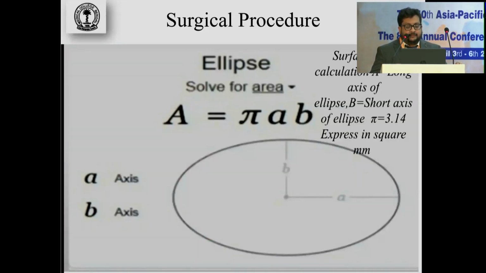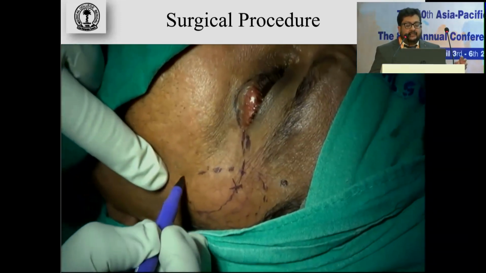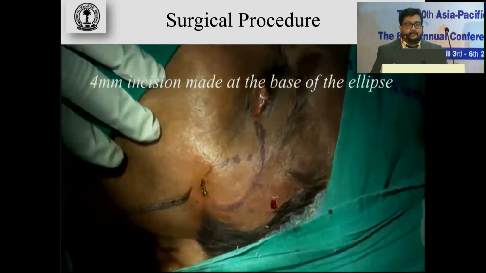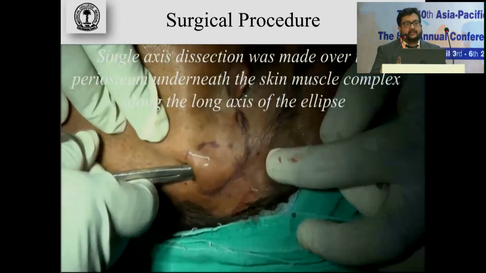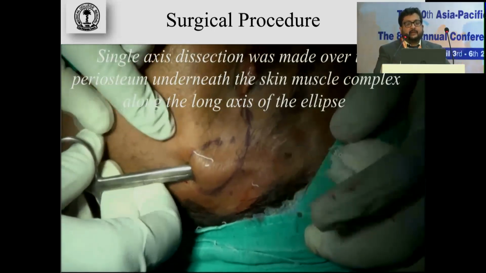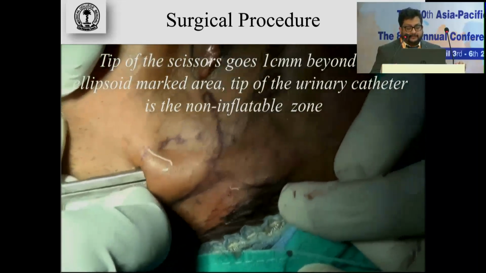And as Dr. Ostrich has already described, due to the ellipsoid shape of the balloon of the catheter, there is less chance of periosteal necrosis, and there is more chance of the superficial myocutaneous part being expanded.